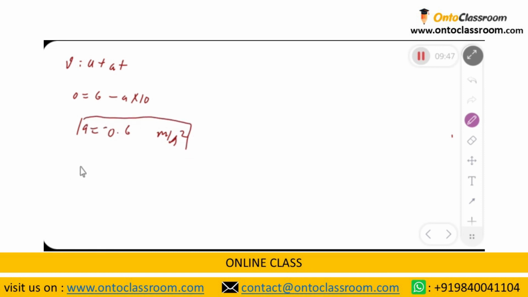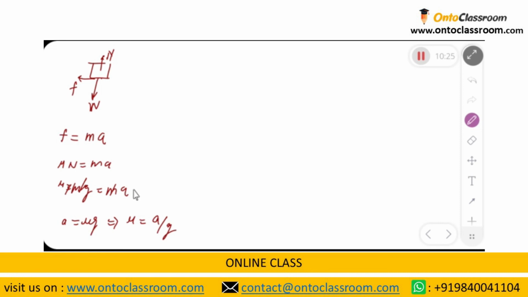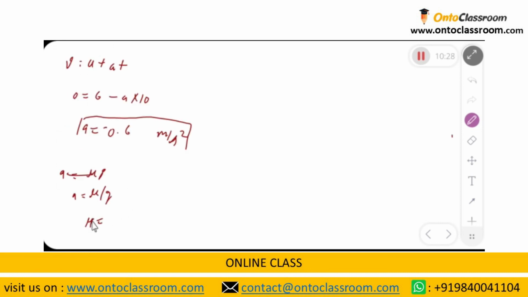Now you have 0.6 meters per second square. Let me see what we had: mu is equal to a by g.